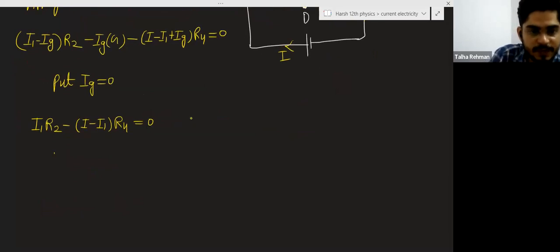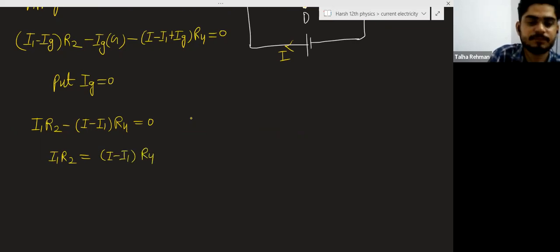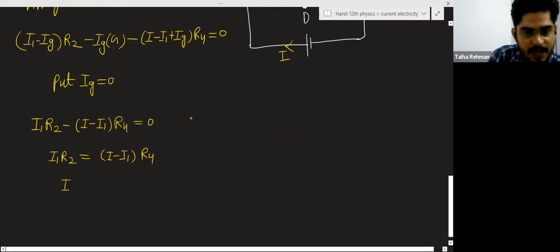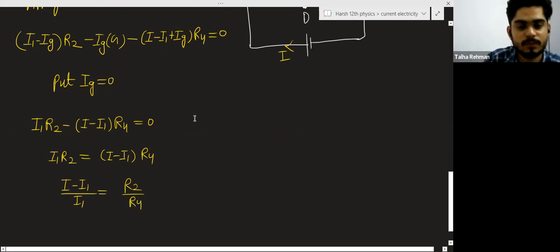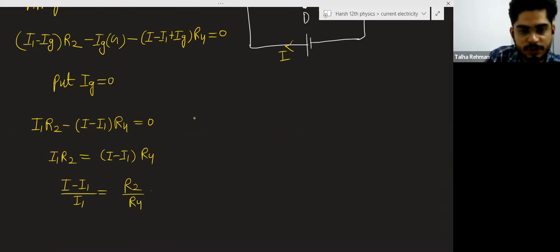So from here you will get I1 R2 is equal to I minus I1 into R4, and you can say that I minus I1 divided by I1 is equal to R2 divided by R4. So this is your equation 2.